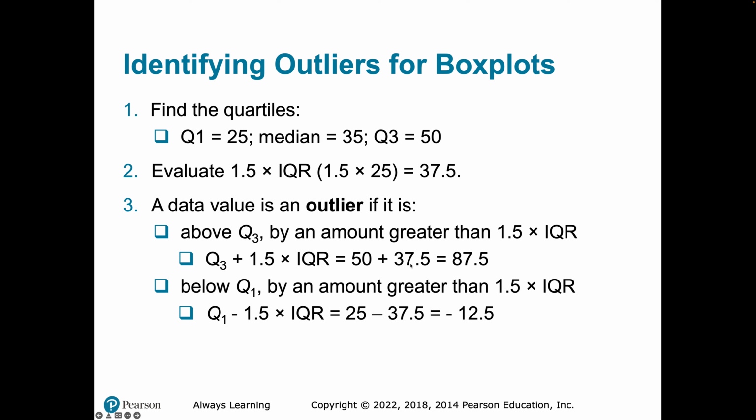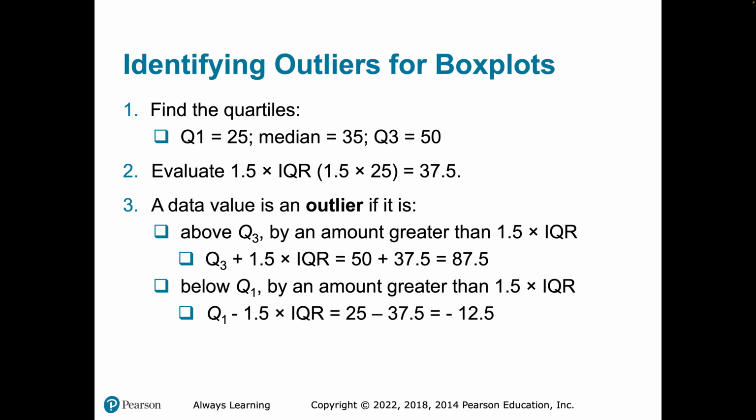In this case that's 50 plus 37.5, so if I have a value that's above 87.5, then it's an outlier.